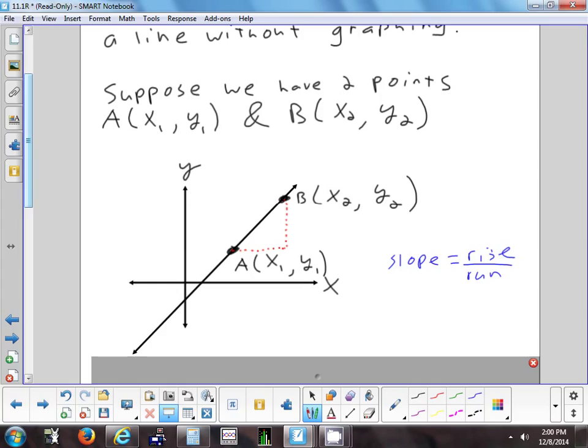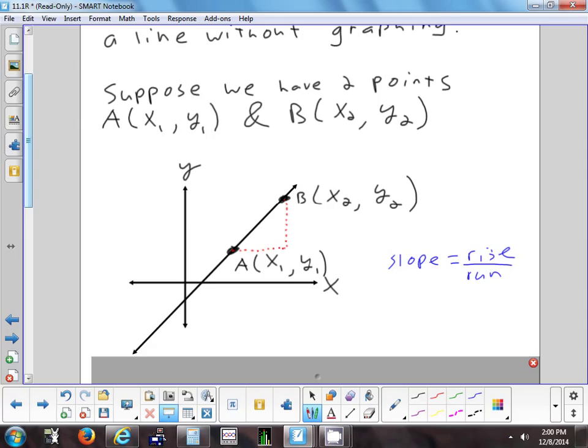All right, so now we have to find the rise and the run here. We don't have numbers, so we're going to have to find this distance. Think about it: if I gave you 2 numbers and wanted you to tell me how far apart they are, like 2 and 7, what would you do? Subtract. You'd subtract them.